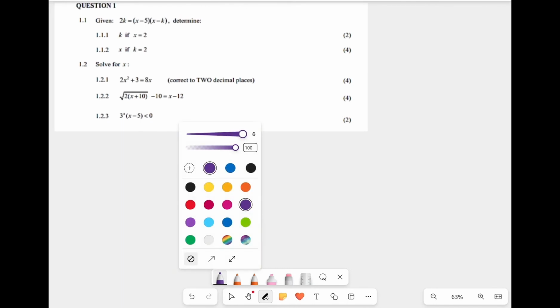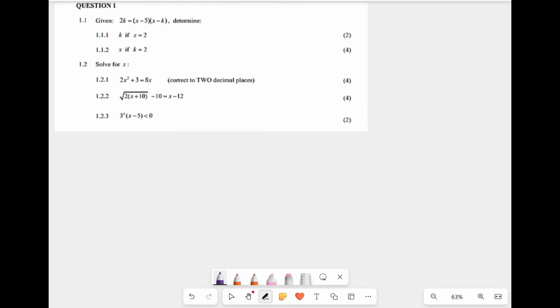Here we are given 2k is equal to x minus 5, x minus k. And we are required to find the value of k if x is equal to 2. Now that means where there is x, we are going to put 2.